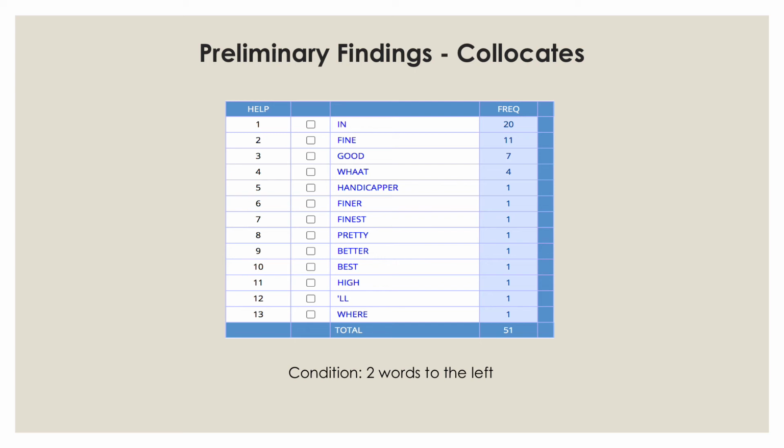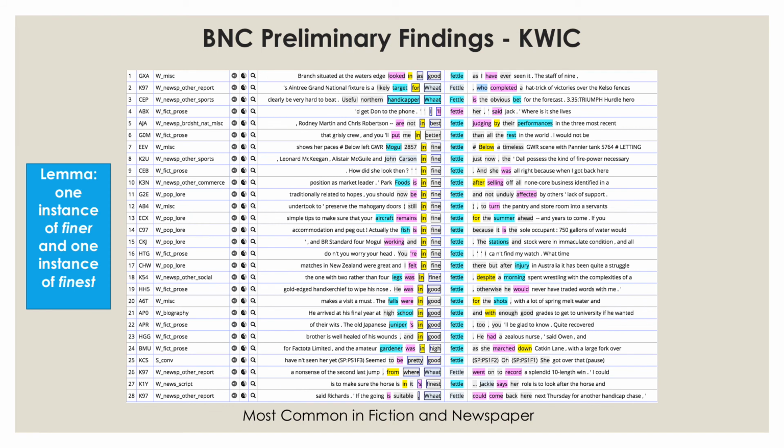And we also have pretty and better, which are also found in COCA. So looking at the keyword in context, I just wanted to highlight once again that in good fettle was found more frequently in British English than American English based on the BNC versus COCA. And also we have an instance of in high fettle that we see in the BNC that we did not see in COCA.